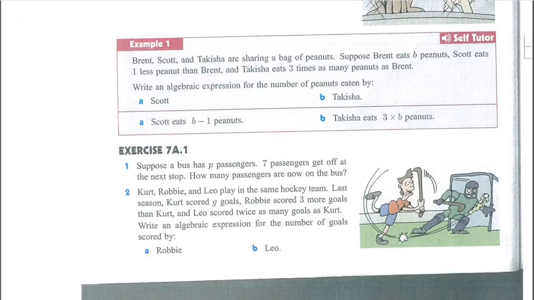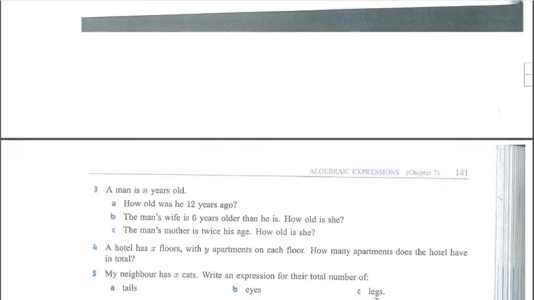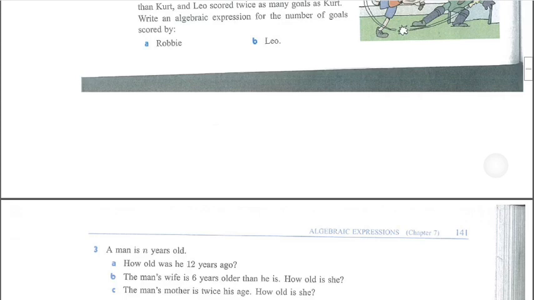All right. Moving on. Let's look at this one. A man is N years old. How old is he? No one knows. Right, we don't know. So we're just going to call it N years. Okay? How old was he 12 years ago? 12 years younger.